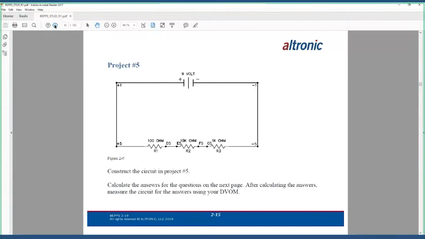So let's do one more just for fun. These are always good exercises, even for me. Let's take this last circuit, Project 5, and go with a 9-volt battery again. This time we're going to use a 100 ohm resistor, a 10,000 ohm resistor, and another 1,000 ohm.